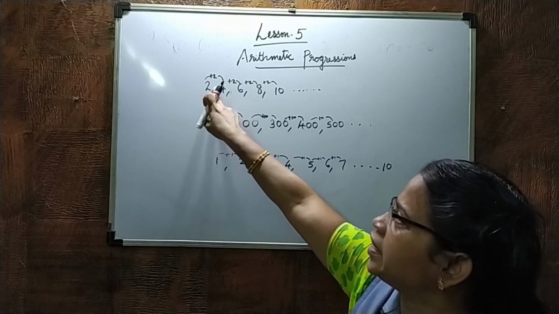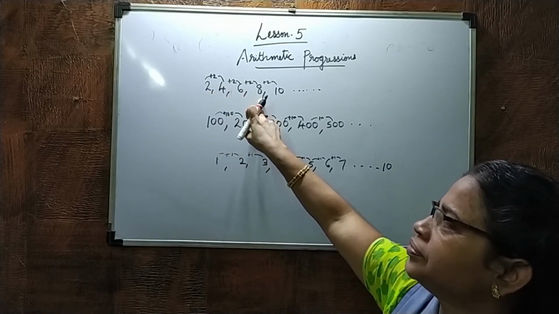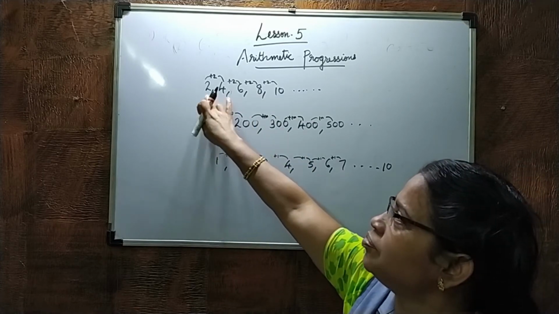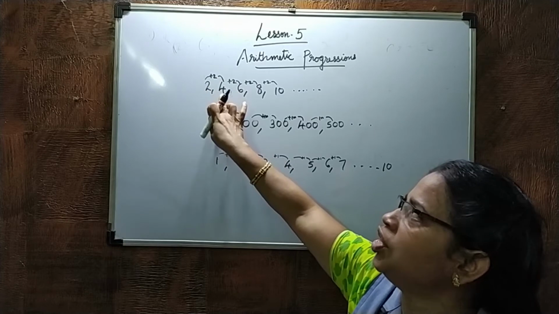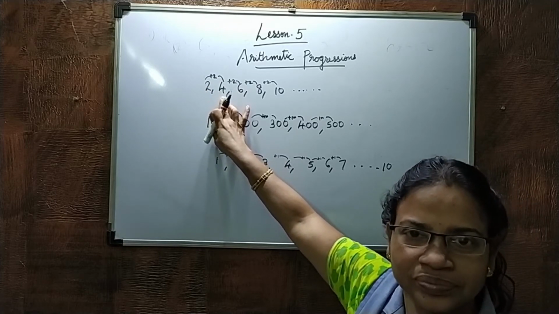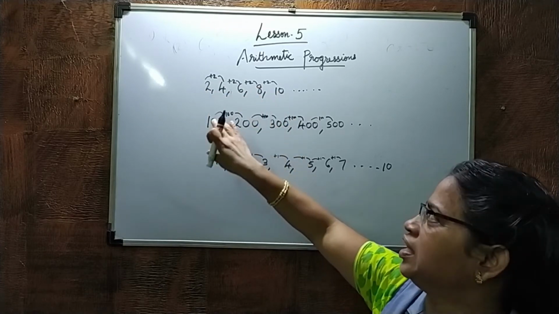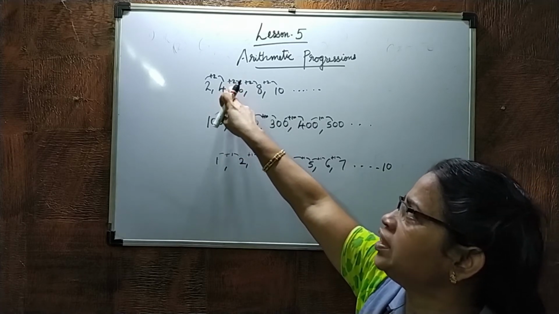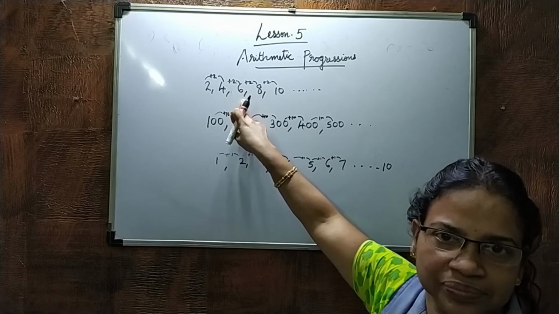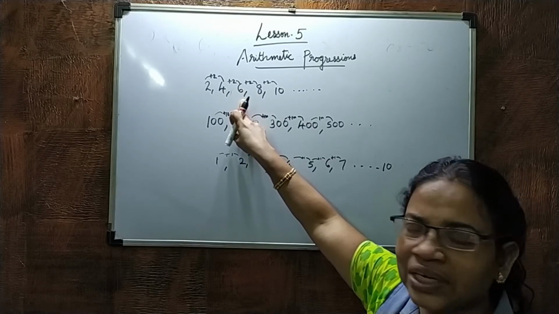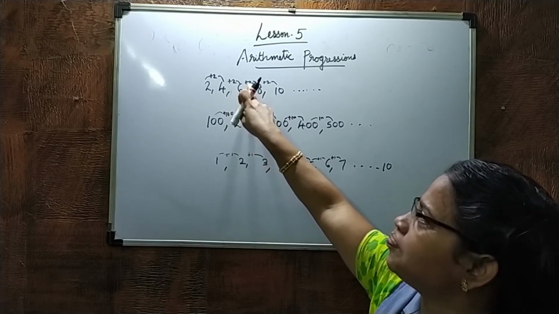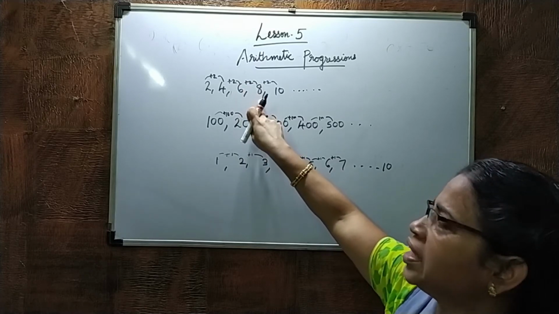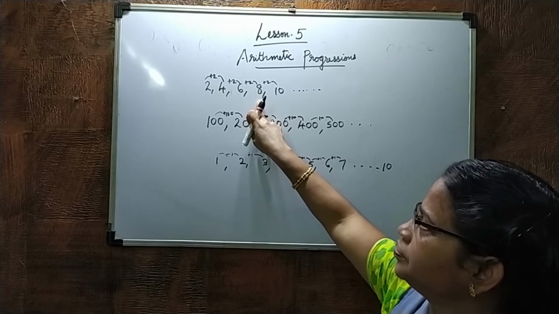When you add a definite number or a common number to the first term, you get the second term. With that common number, if you add it to the second term, you get the third term. Then third term plus that common number, you get the fourth term.